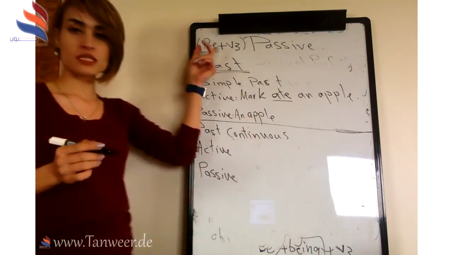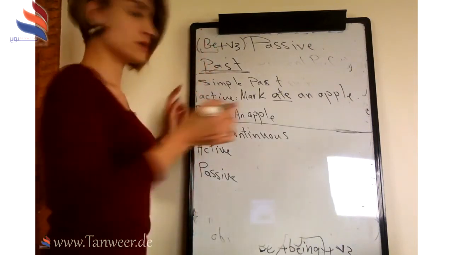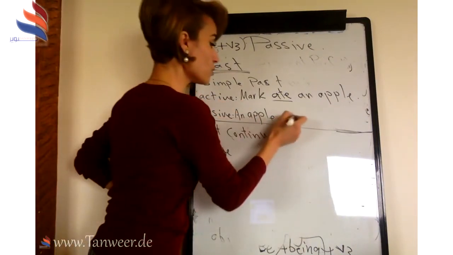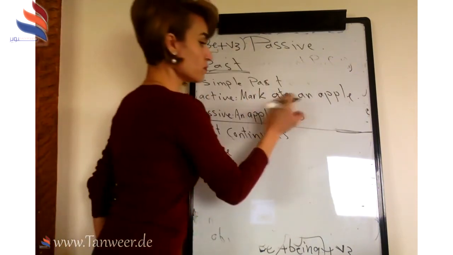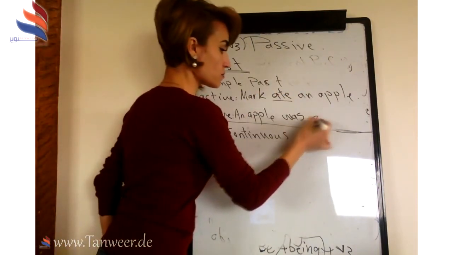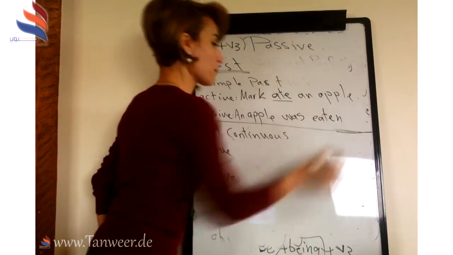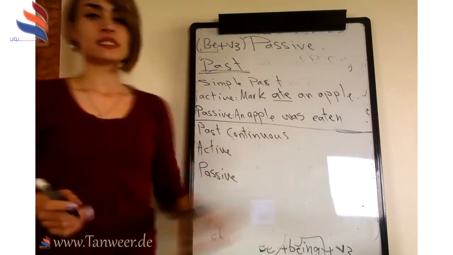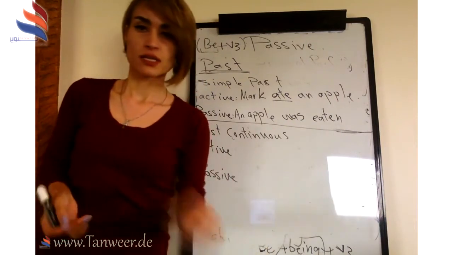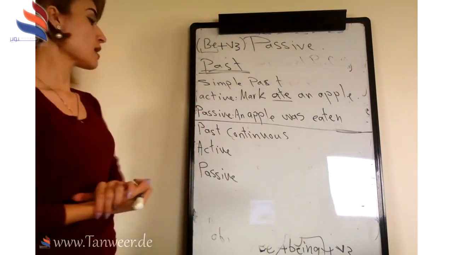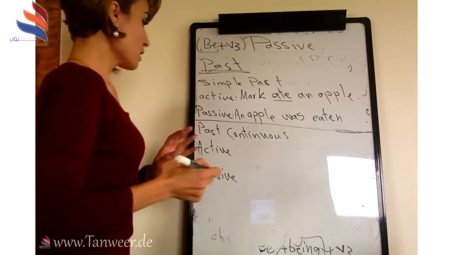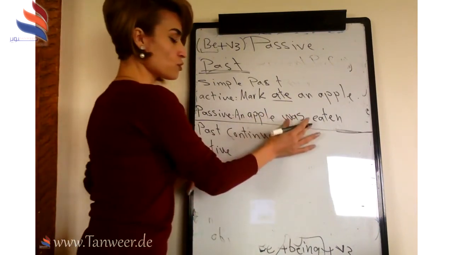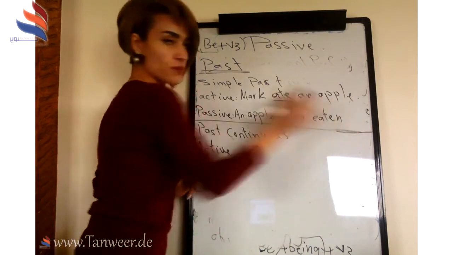Verb to be in the past is was and were. An apple was eaten, verb 3 from eat. An apple was eaten by Mark. Object, verb to be in the past, verb 3.